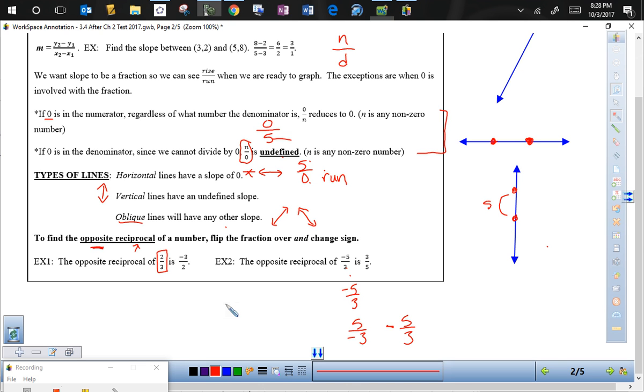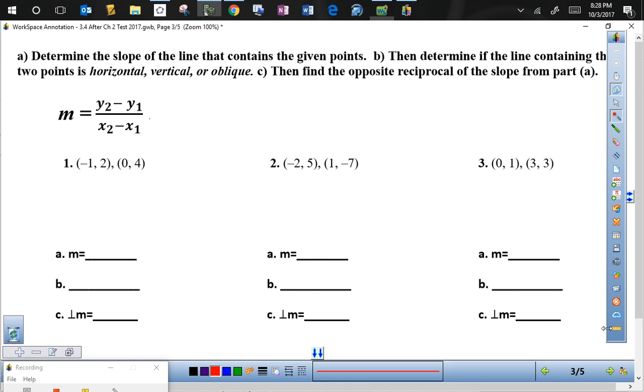So what we're going to do now is take a look at some examples where we're finding the slope between 2 points. Based on that number, what the fraction looks like will tell whether the line will be horizontal, vertical, or oblique through those points. And then we're going to find the opposite reciprocal.